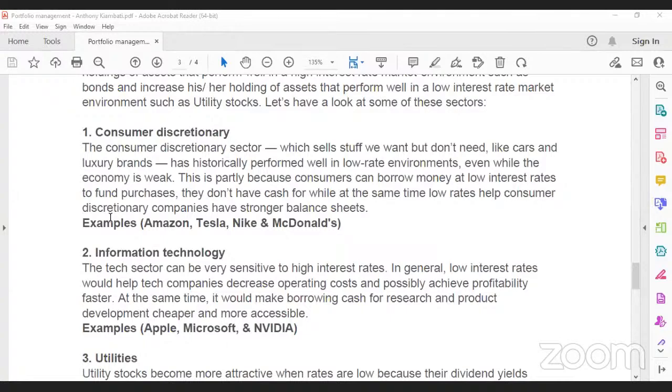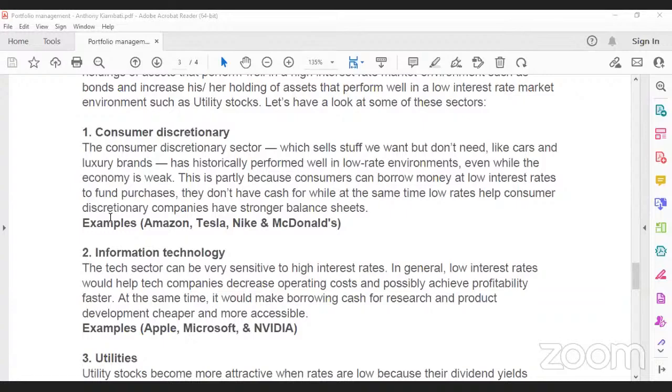This is because consumers can now borrow money at low interest rates to fund these purchases, and at the same time, the companies will now have strong balance sheets. Let me give you some examples of consumer discretionary stocks. We have, let's say, Amazon, Tesla, Nike, and McDonald's.